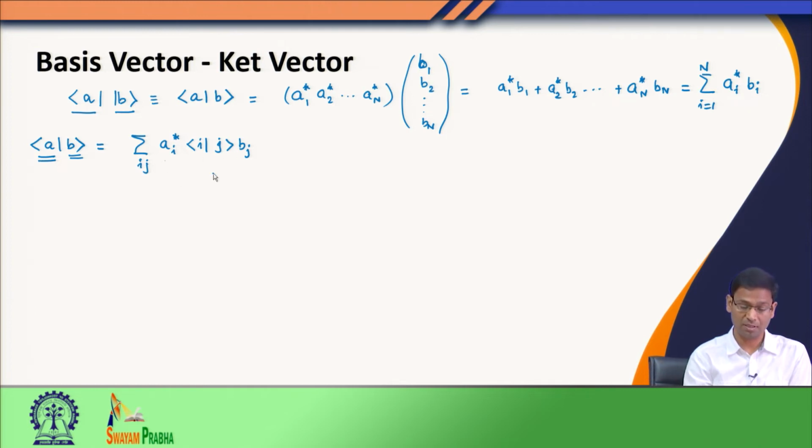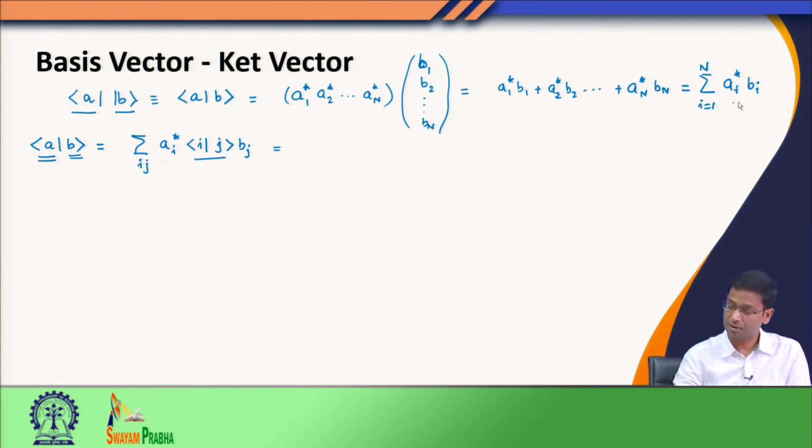So, now you see what I have got is that I have a sum over i, j, A i star B j times the overlap of i and j. So, now what I have done is that this bracket, the scalar product of two functions A and B, I am now expressing in terms of the scalar product of the unit vectors in that space. Now look at the first line and the second line, they are essentially equal.